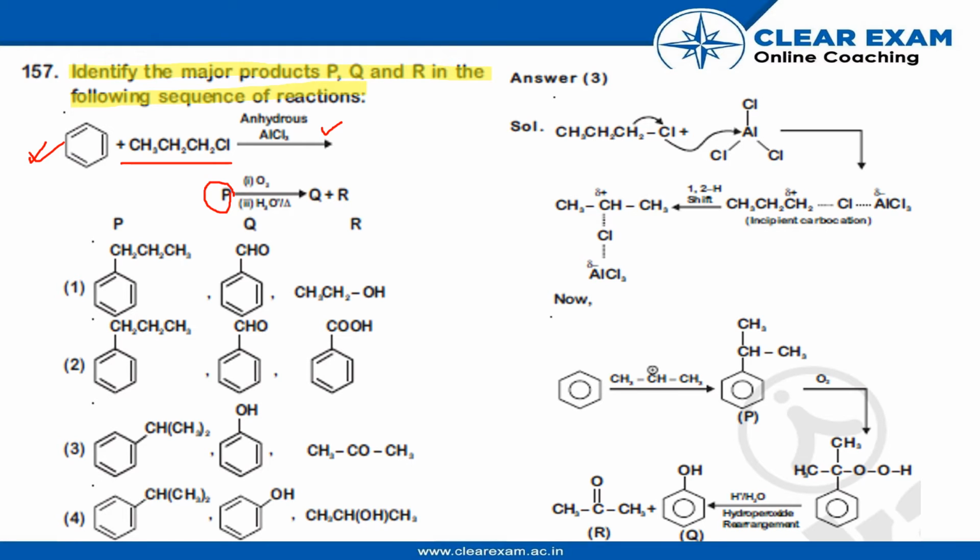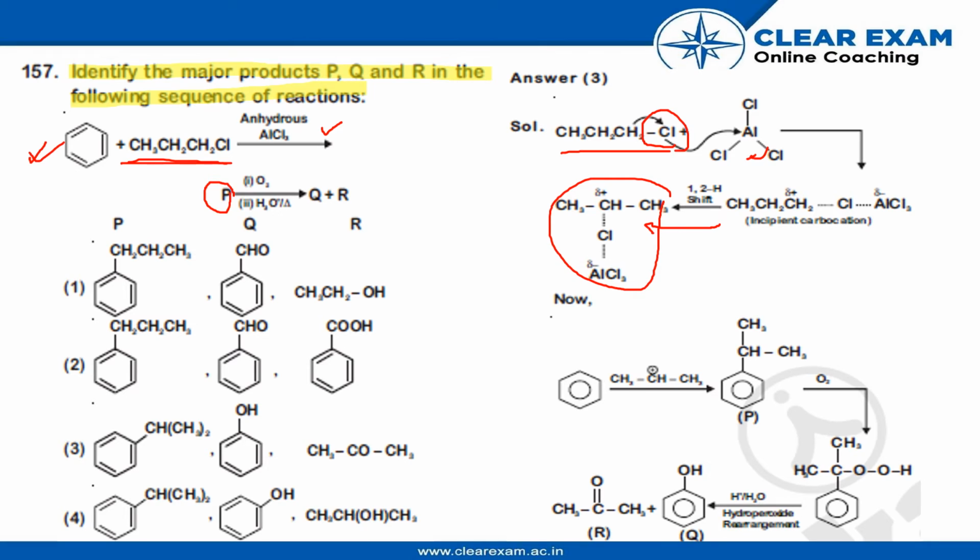So, what we are going to do is we have this propyl chloride. In the propyl chloride we'll replace this Cl with AlCl3, and then we'll shift it accordingly to get this product.